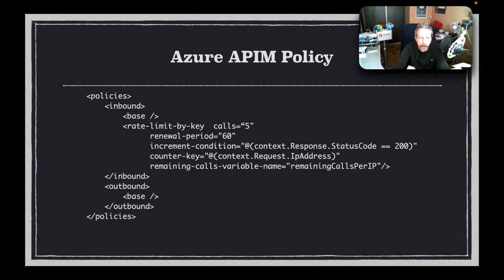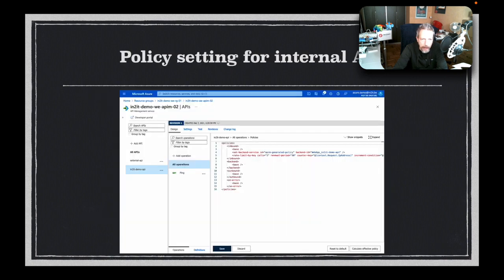And I also have that rate limit in place for everything that's status code 200. And I also provide information to the user to let them know how many calls they can still make. In API management, it just looks like this, and it's just a single line that you add in a policy, and from that point on, your endpoint is protected.